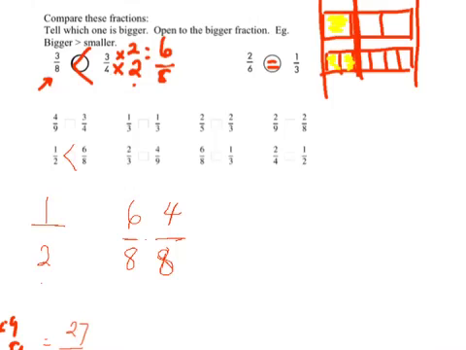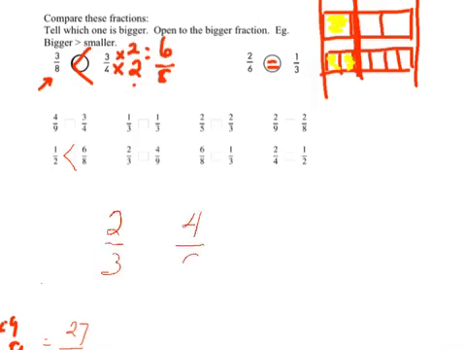Let's get that out of our way here, and we'll continue. Next we have 2/3 and 4/9, sorry. I could look at them and try to create equivalent fractions, or I could use fraction strips. I'm going to use equivalent fractions.